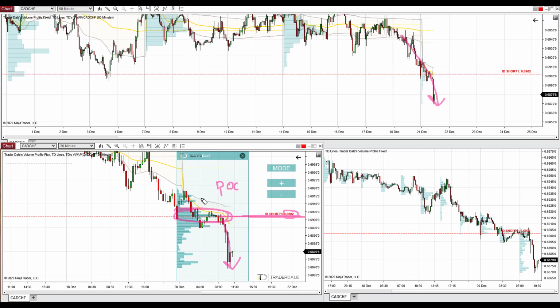And they pushed through this area. You can see that the price reacted to this area in the past, which means that it worked as a strong support, and then the price went past it, creating those volumes, and this support then became a resistance.